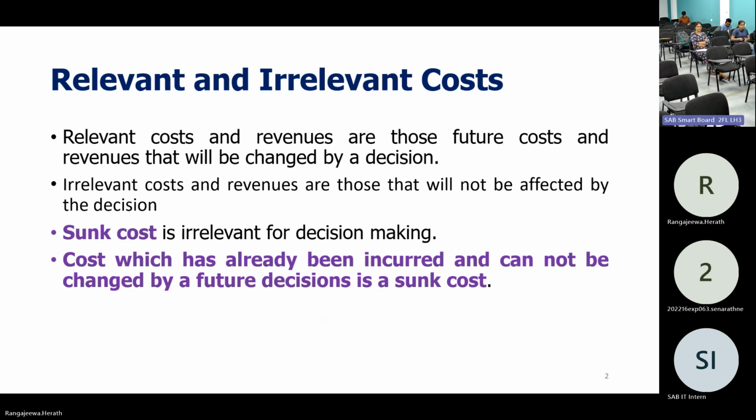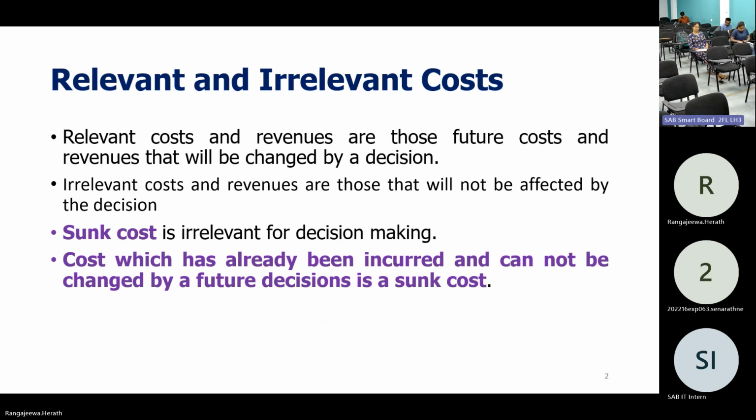So revenue also, if it is changed by a future decision, it is relevant. So relevant cost and revenue are those future cost and revenue that will be changed by a decision. The irrelevant cost and revenue are those that will not be affected by a decision.